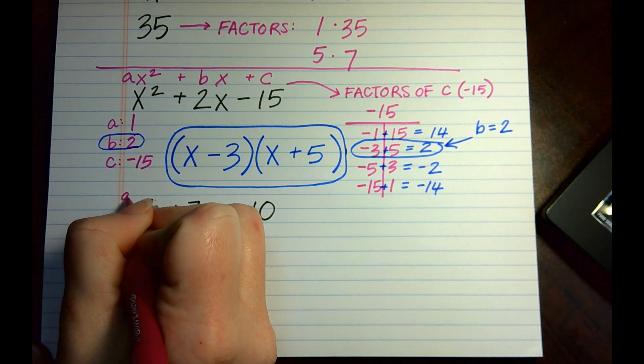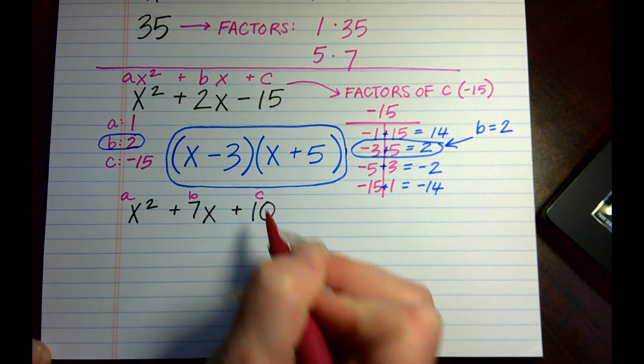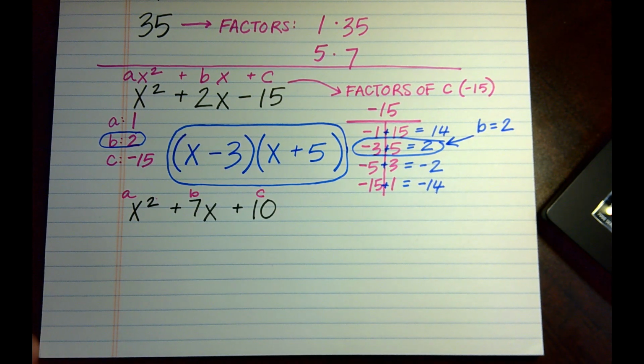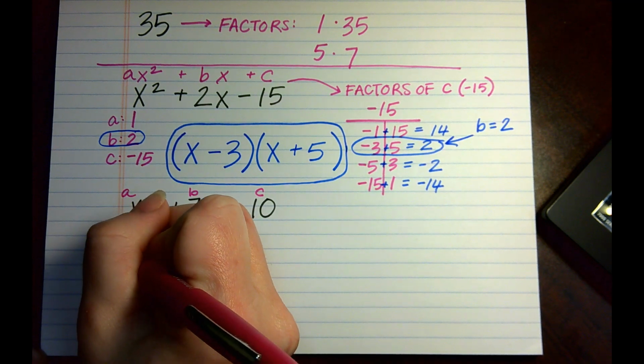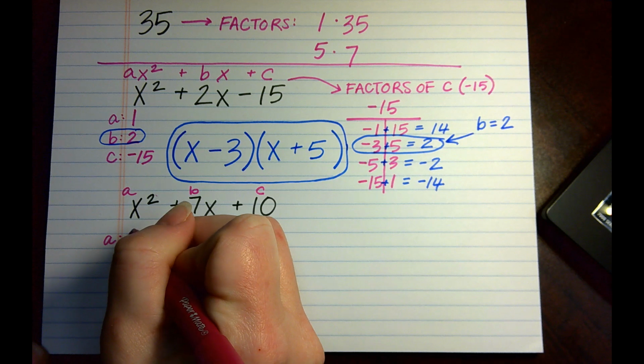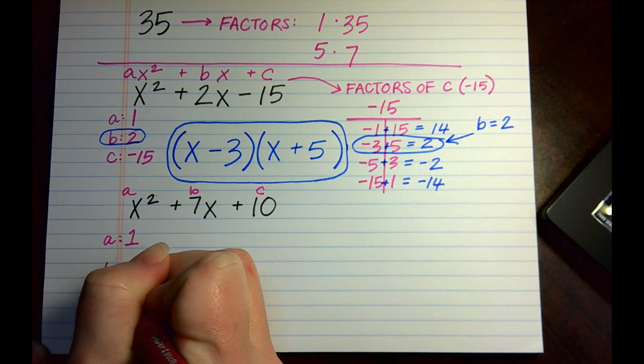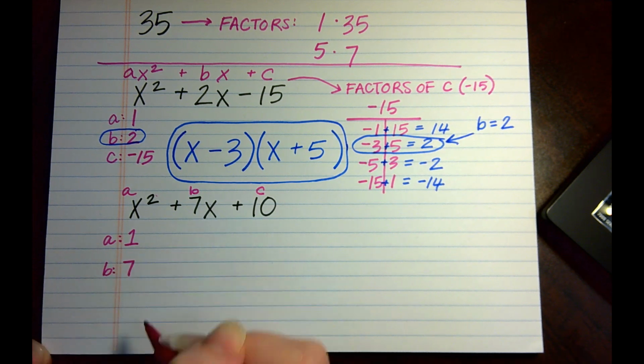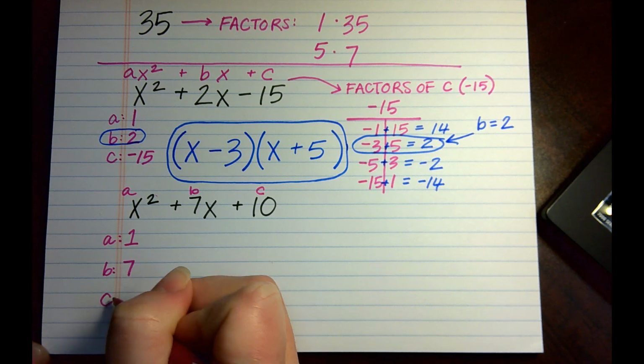We can just write A, B, C. What's our value for A? 1. What's our value for B? 7. What's our value for C? 10.